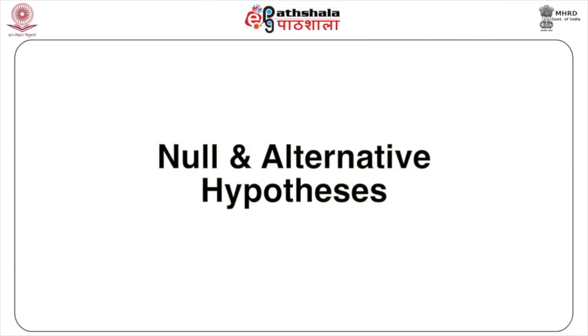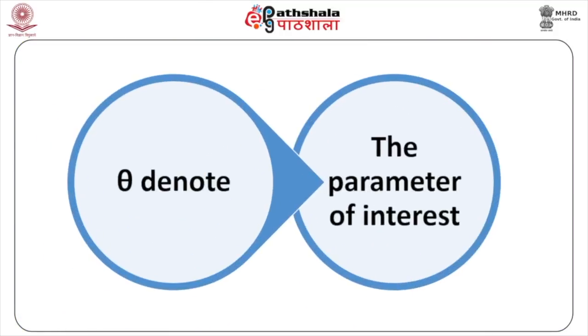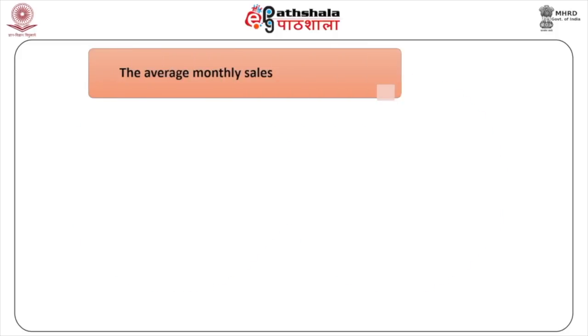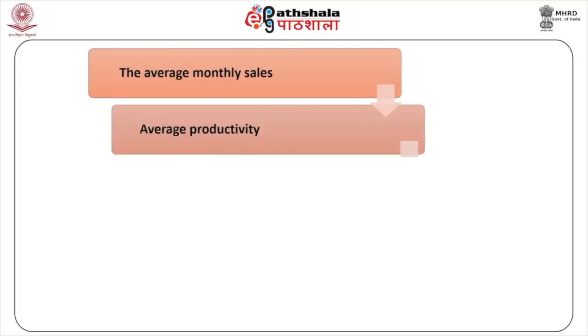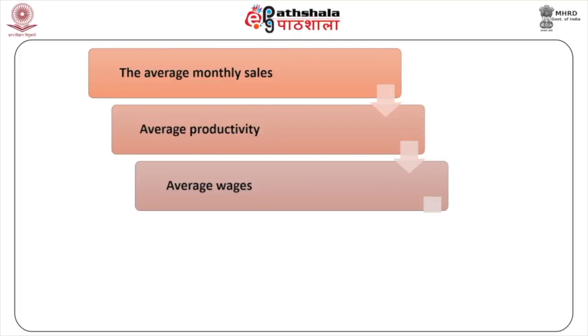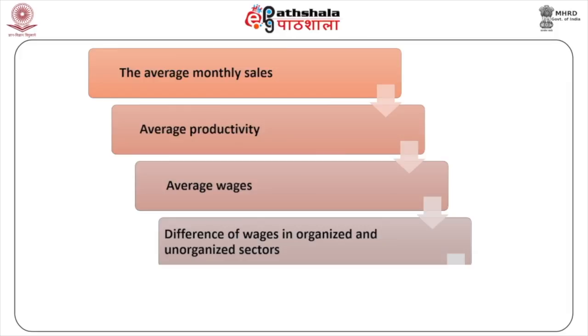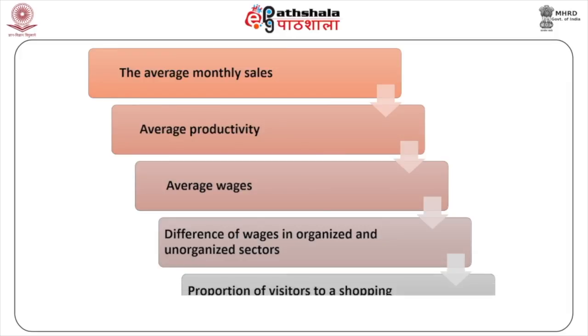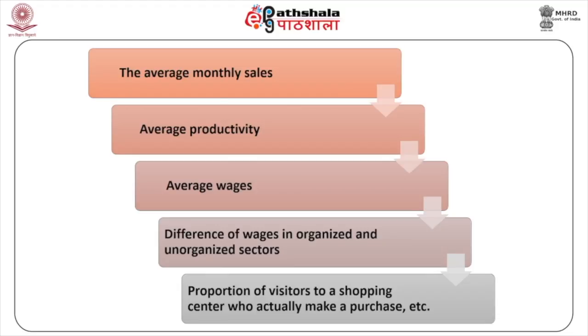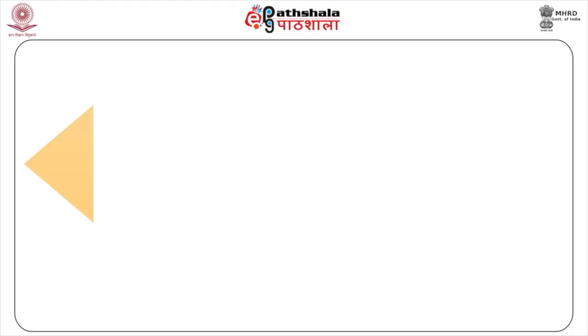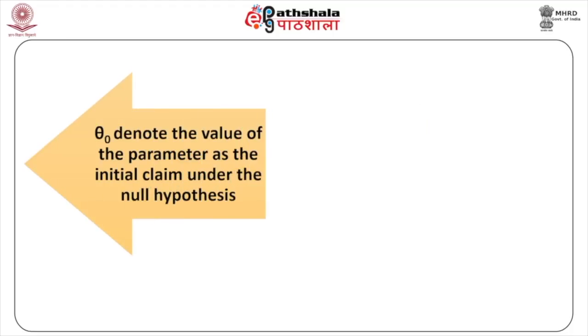Null and alternative hypothesis. Let theta denote the parameter of interest. This may be the average monthly sales or average productivity or average wages, or even difference of wages in organized and unorganized sectors, or proportion of visitors to a shopping center who actually make a purchase, etc. Let theta naught denote the value of the parameter as the initial claim under the null hypothesis.